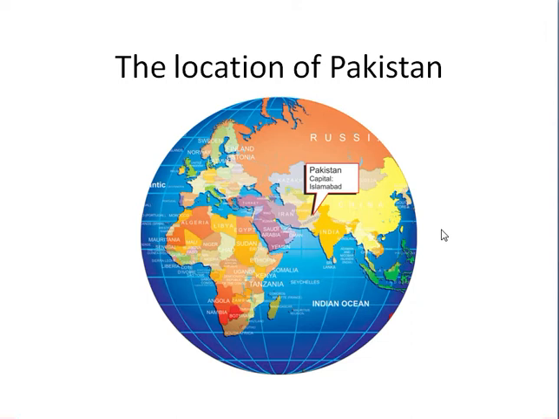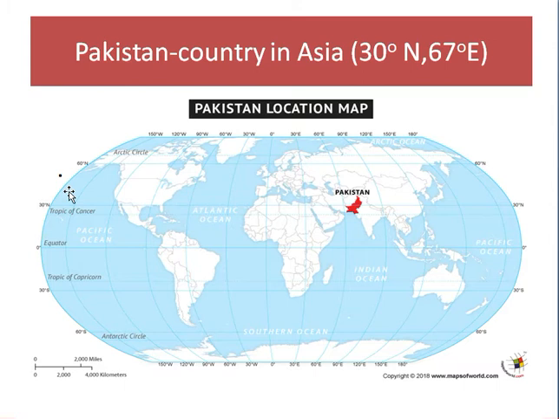So when we write the address of some place, we have to look for so many things where it is located, and same as with the countries where to locate. Now, Pakistan is located in the country in Asia.